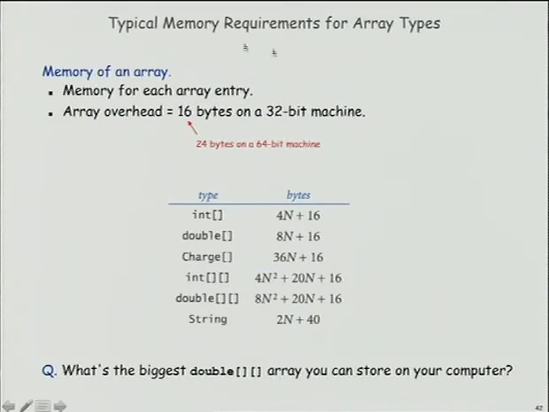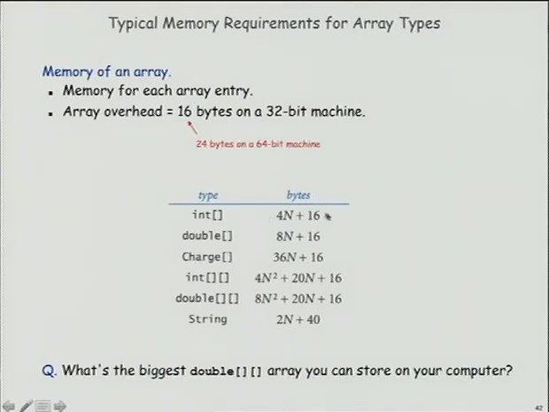Then in the case of the arrays, we have an interesting thing. We have a 16-byte overhead for just using the array data type. So for example, the length of the array is stored in the array itself. And then of course you need the memory for the actual data that you store. Say for example I have an array of int.